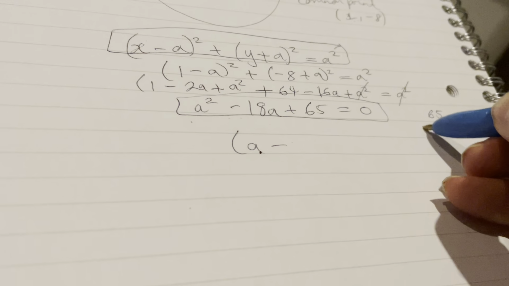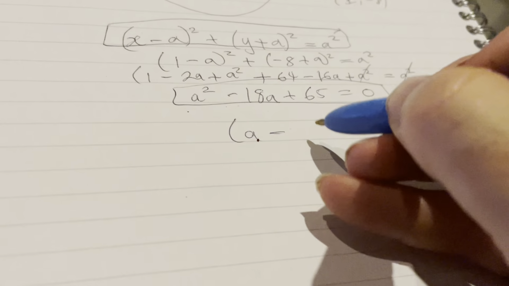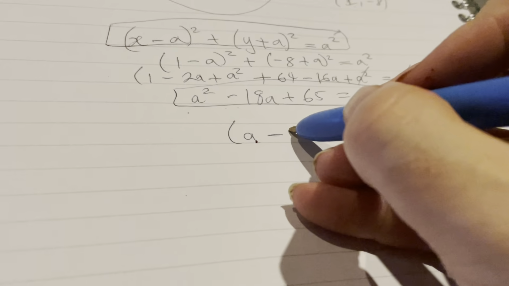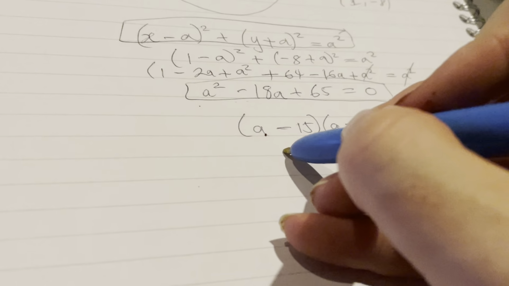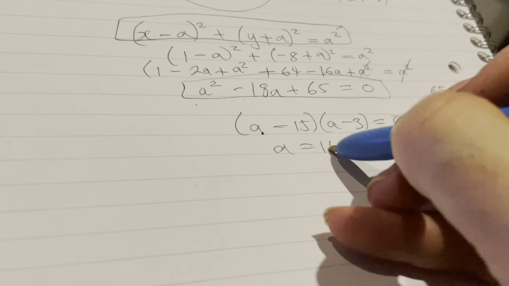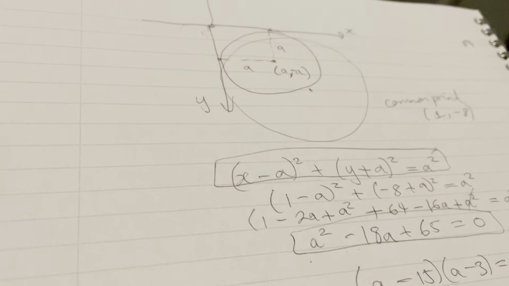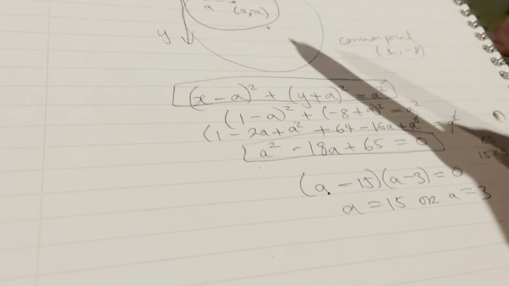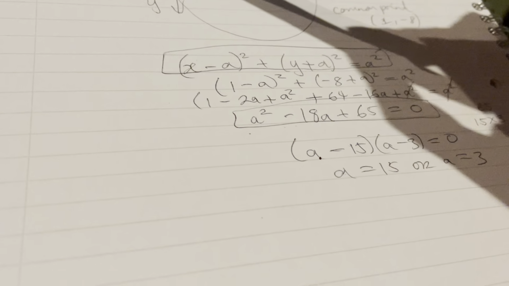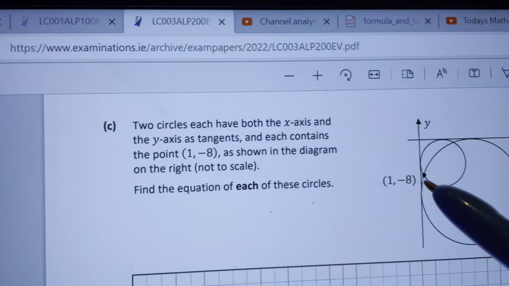Is that 15 by 3? It is, yeah. Okay, so our roots are (a minus 15)(a minus 3) equals 0. So a is equal to 15, or a is equal to 3. In other words, the radii of these two circles are 3 and 15. So one small, tiny little baby guy, and then one big guy. The baby guy has a radius of 3 and the big guy is 15.